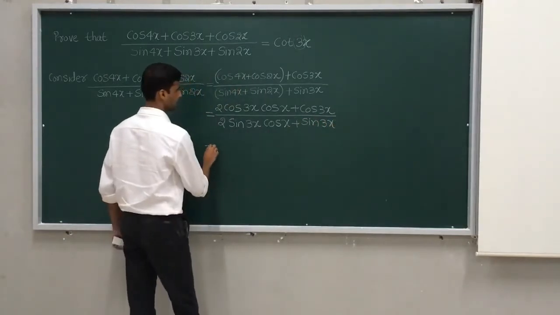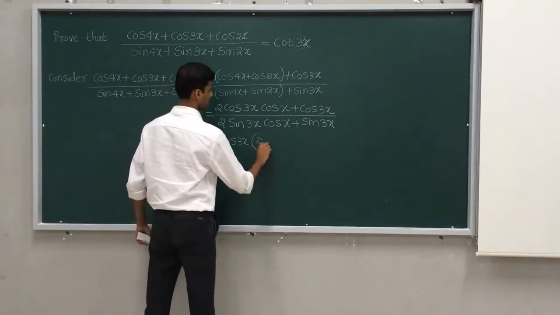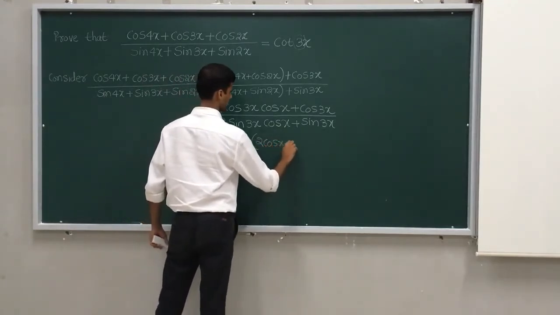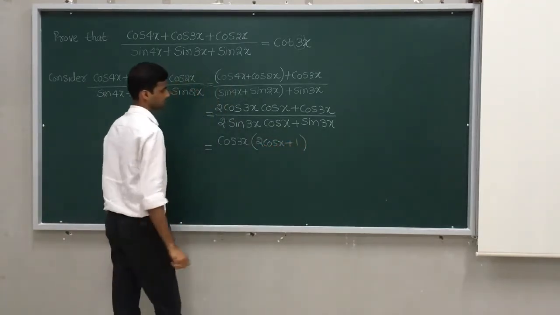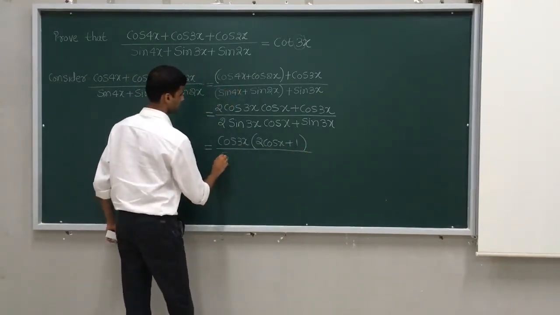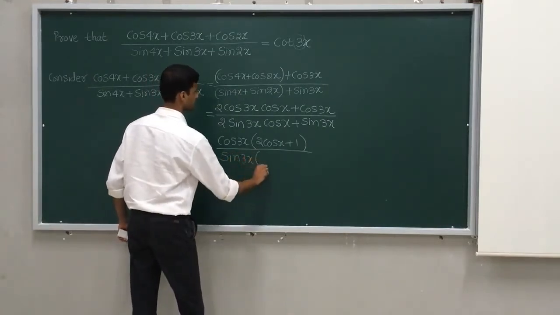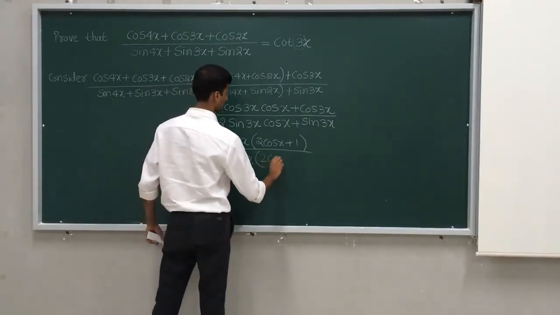Now if you check, cos 3x in the numerator is common: cos 3x times (2 cos x plus 1). In the denominator you have sin 3x common: sin 3x times (2 cos x plus 1).